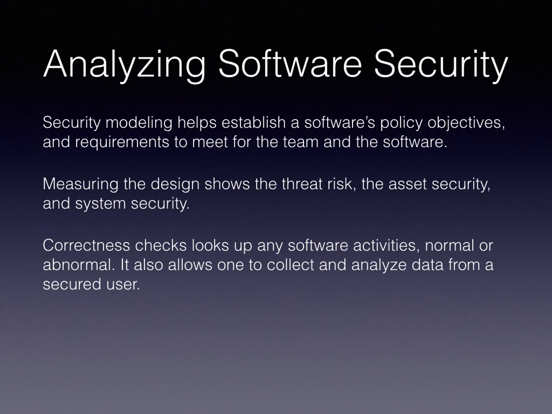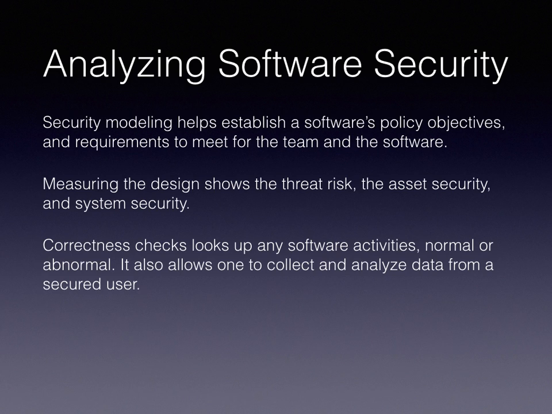So next, we're going to talk about correctness checks, which look up software activities, whether normal or abnormal, allowing one person to collect and analyze data in a secure manner.